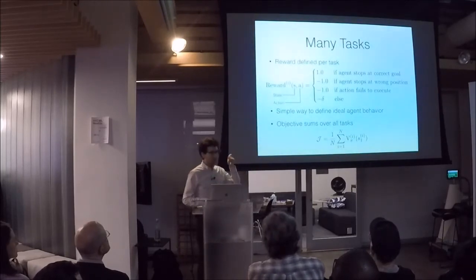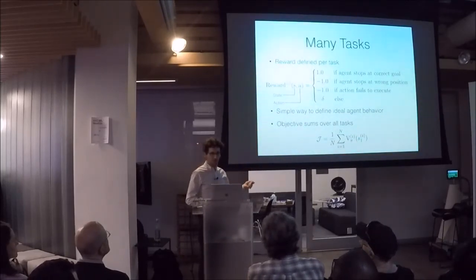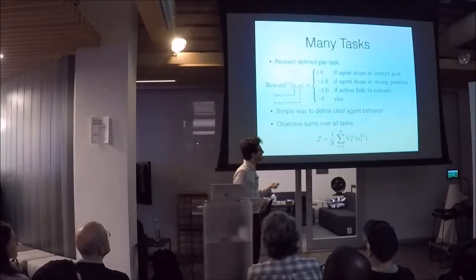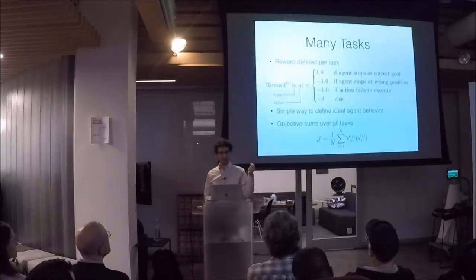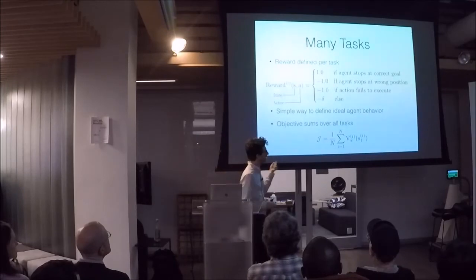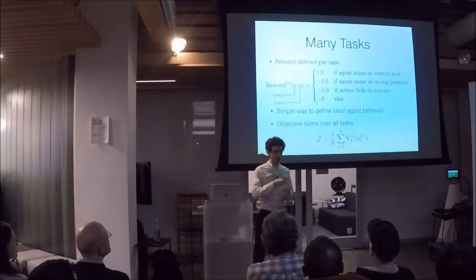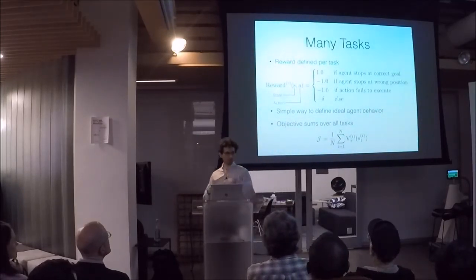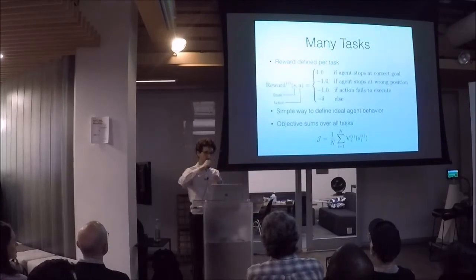The agent's going to get a very large reward if it completes the task and gets it done well, and it's going to get a very negative reward if it says I'm done, but it's at the wrong place, or if it's lying, or if it's doing something very stupid, like trying to do an action that is impossible, like going off the edge of the board, for example.